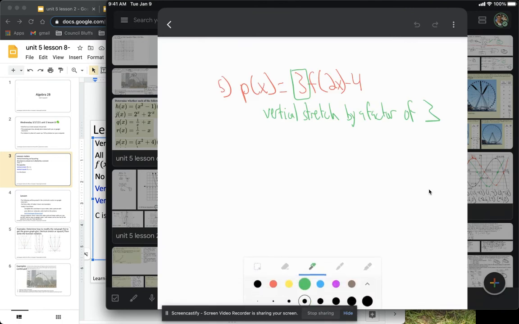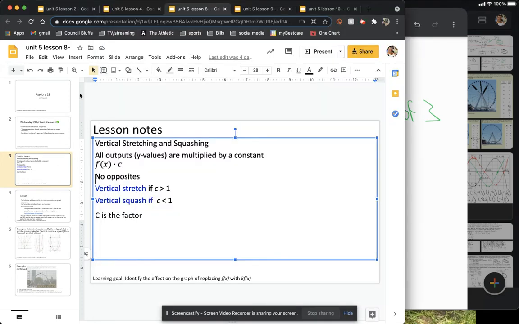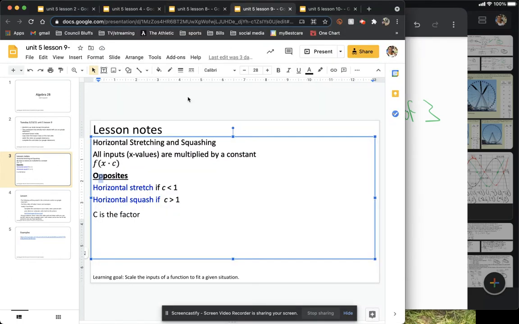All right, so we'll go one by one here. Let me change the color. Now I'm going to deal with this one right here. So now I'm multiplying by 2 inside the parentheses. Multiplying inside the parentheses tells me that this is going to be a horizontal stretch or squash, but the key this time is that we're doing the opposites.